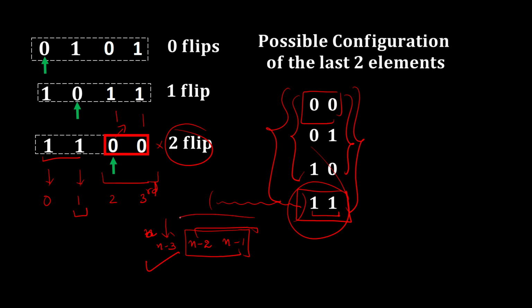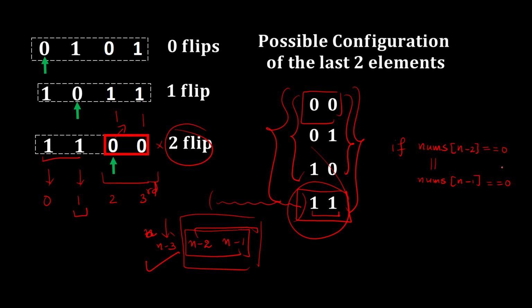The second observation is this. Before returning, just check if nums of n-2 is equal to 0, or if nums of n-1 is equal to 0.